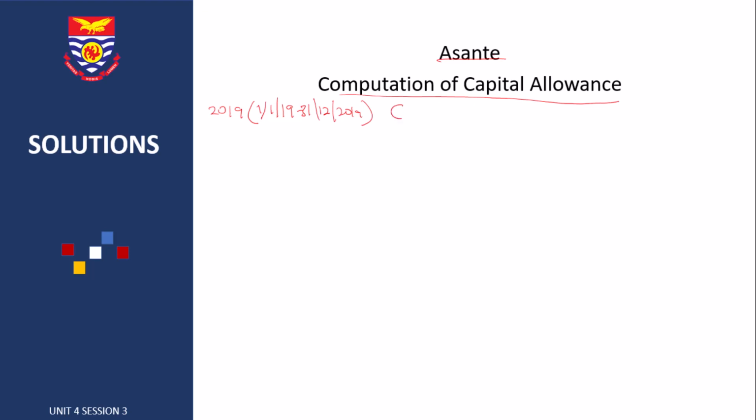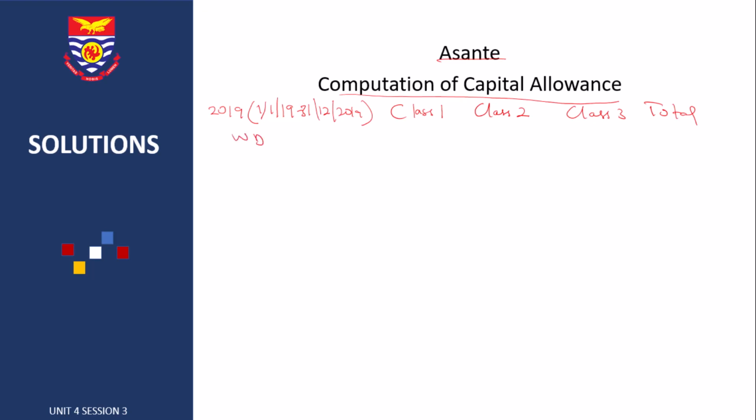So we are going to have class 1, class 2, class 3, and then total. Please note that the total column is only for capital allowance for the period. So we are going to add all the capital allowances under the various classes and show the total at the total column. The total capital allowance is the amount that is allowed as deduction for tax purposes for that year of assessment. So let's start.